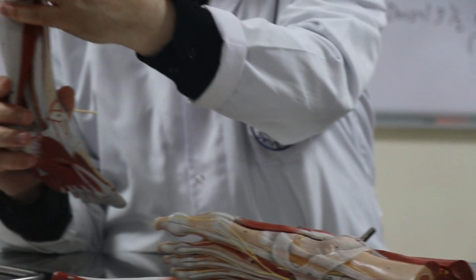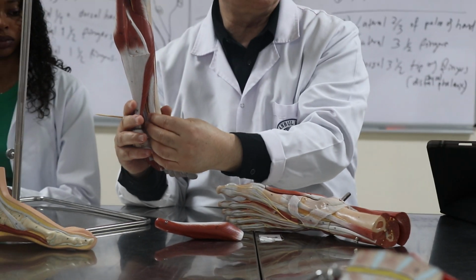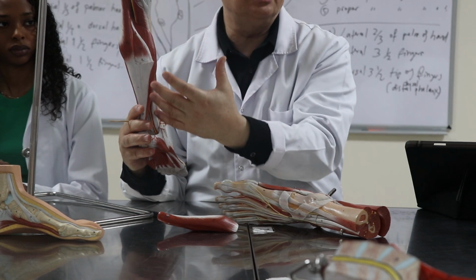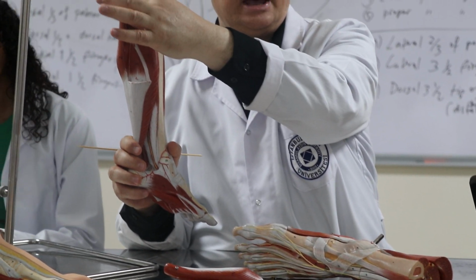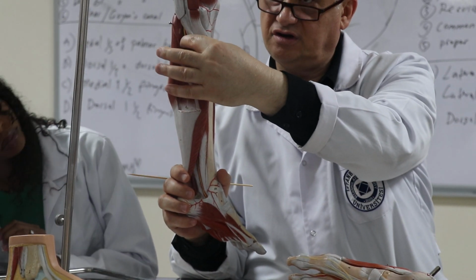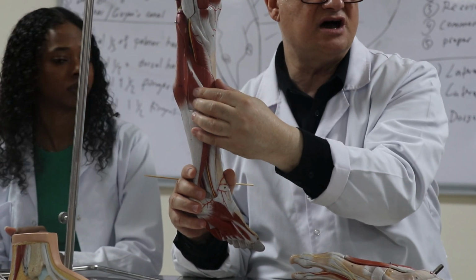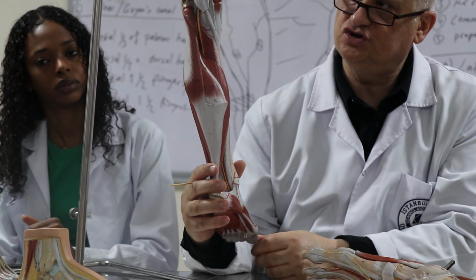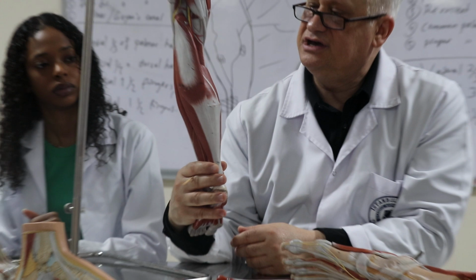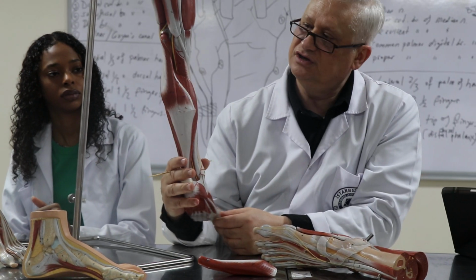Because the muscle belly is very short, and the rest of this muscle is basically composed of tendon, and it looks like a nerve. That's why they get confused. Although this is a tendon, it looks like a nerve. So this is plantaris.